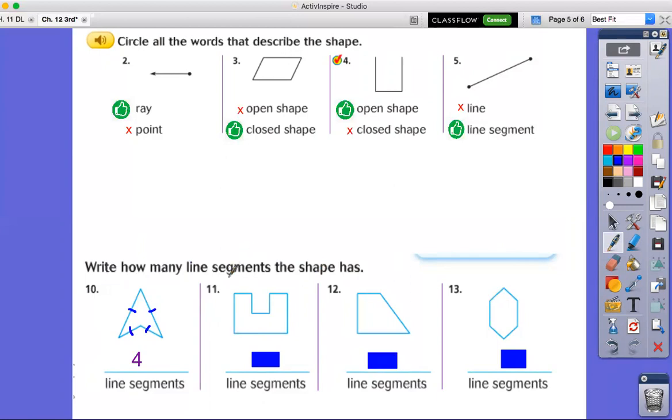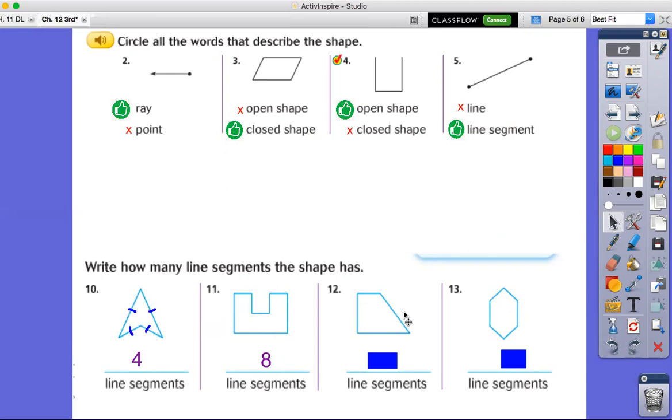Okay, how many line segments does this shape have? If you said 8, good job. 1, 2, 3, 4, 5, 6, 7, 8. Excellent.